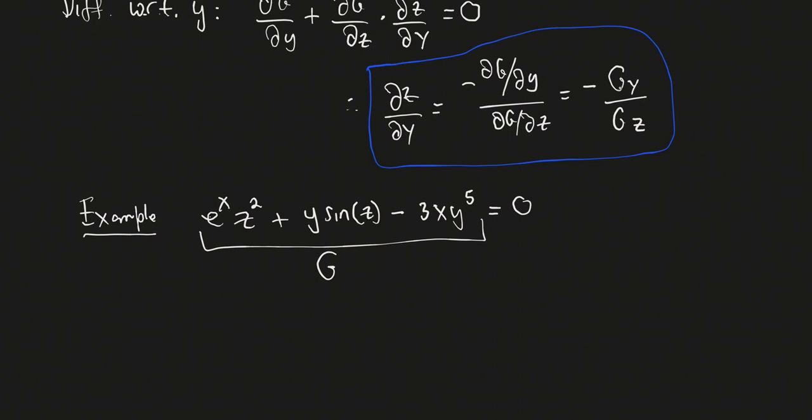So I can differentiate this left-hand side first with respect to y. So let's do that. So dg dy. And when I'm doing this, because there are 3 letters on this side, we're going to treat x and z as constants, right?